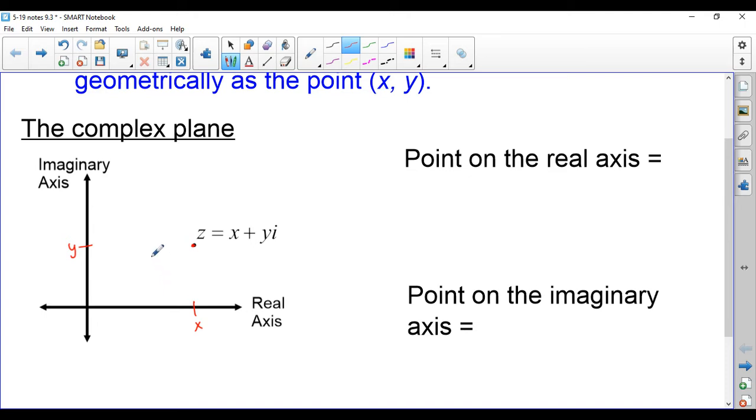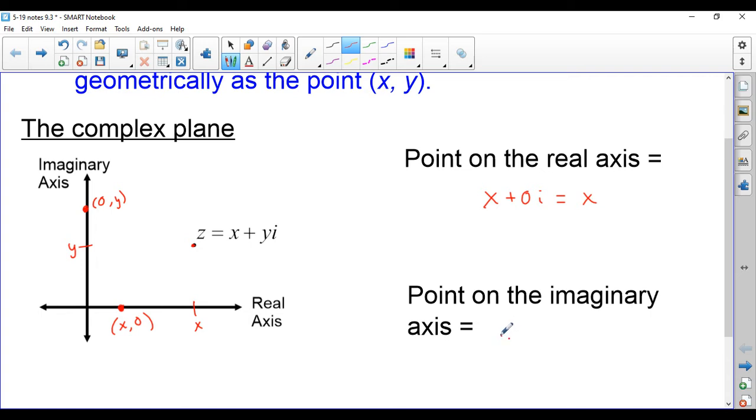If we have a point that's on the real axis, for example, a point here, this point would have an x-coordinate, but its y-coordinate would be 0. That point would be a real number plus 0i, just a real number. If we had a point on the y-axis, the imaginary axis, that point would have an x-coordinate of 0 and a y-coordinate of some number.